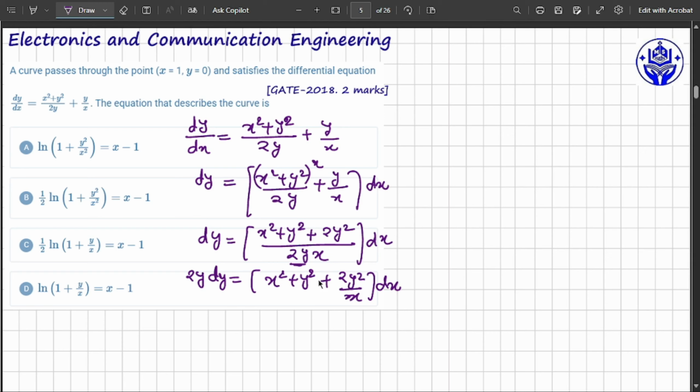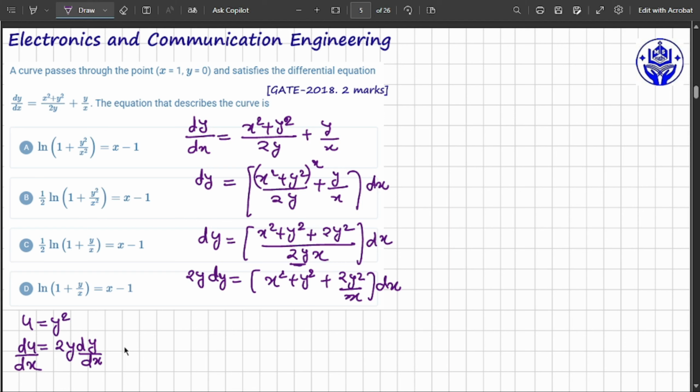We can use u equals y square here. So what will happen in this case is that du equals 2y dy, or du upon dx will be there.